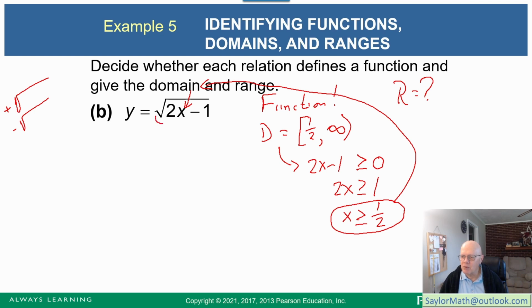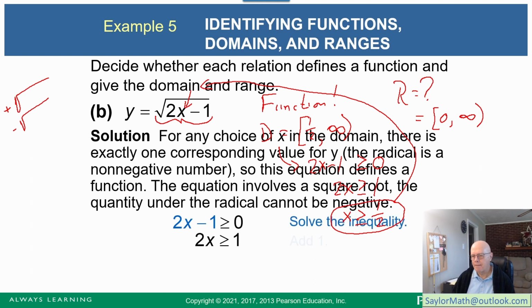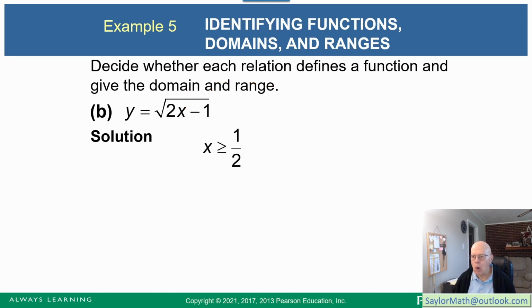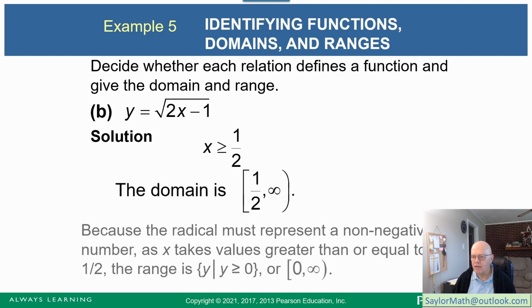So this number right here, after you take the square root, can't be negative. So what is the range? The range is, it could be a 0, and it could be anything bigger than that. There's your range. And there you go.